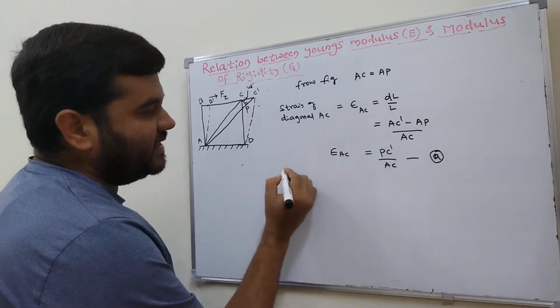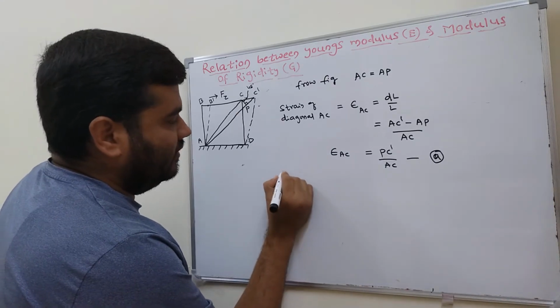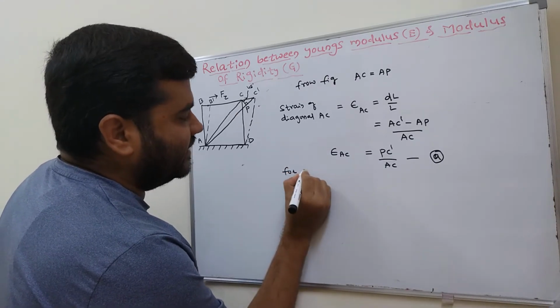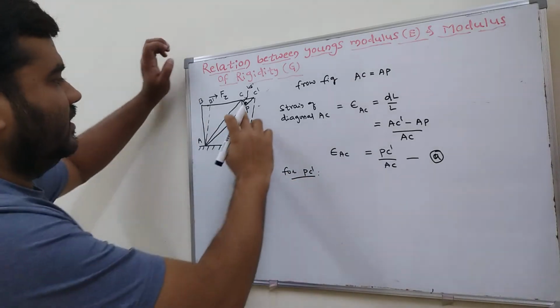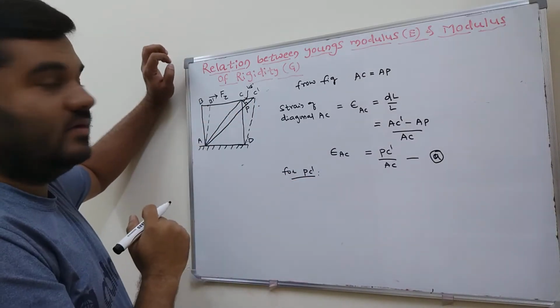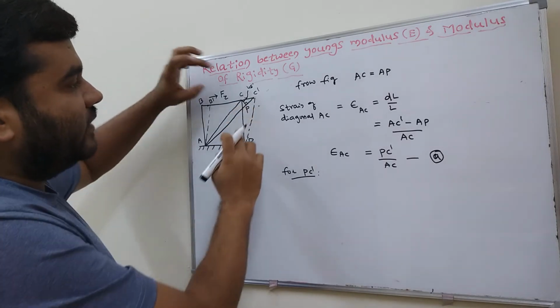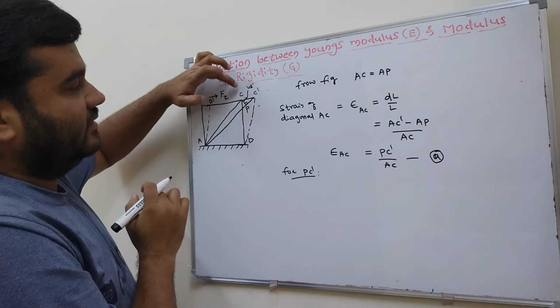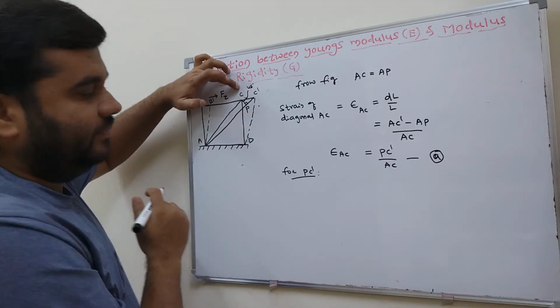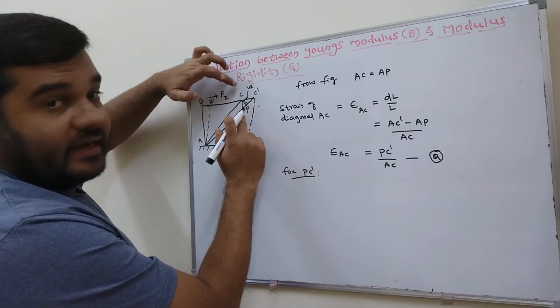First, to find PC dash, we need to consider a triangle. Which triangle? PCC dash. That is a right angle triangle.